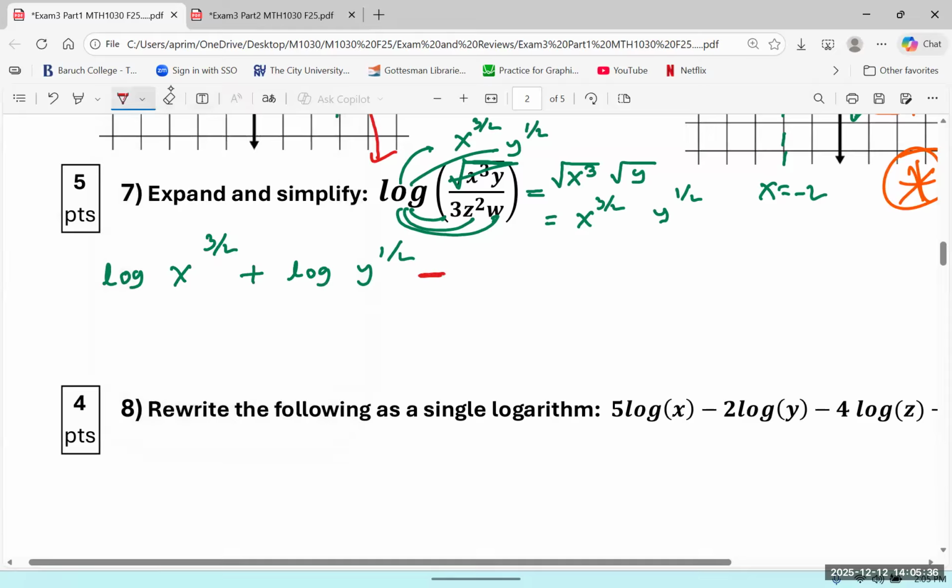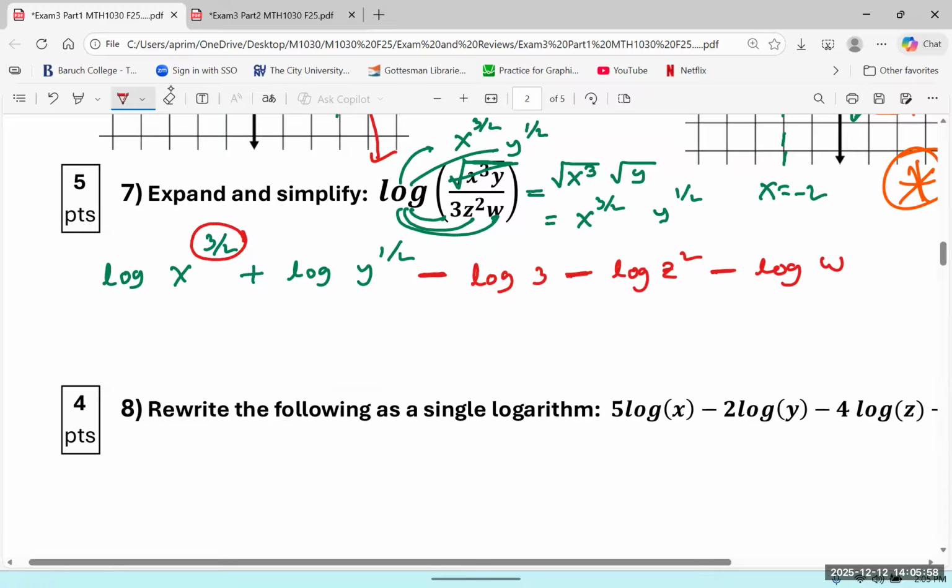Everything you see on the denominator should be negative. So it's negative log of 3, negative log of z squared, and negative log of w. Everything on the denominator must be negative.